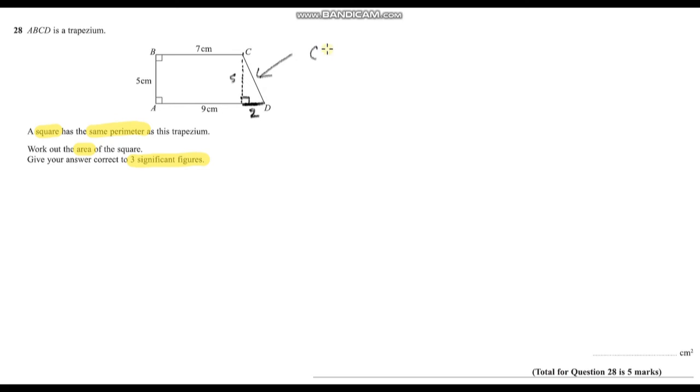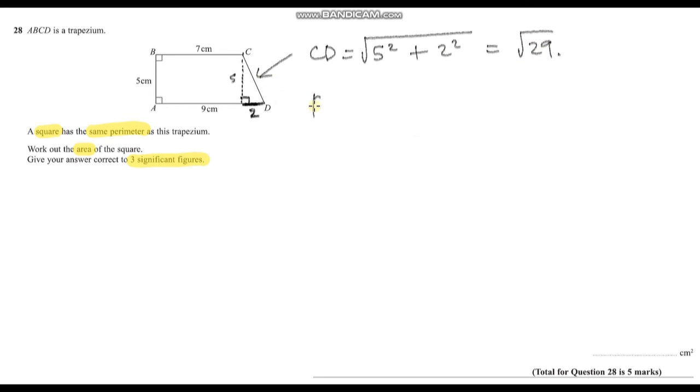So we can say that this length CD is going to be the square root of 5 squared plus 2 squared. So let's just pop that into the calculator. So the square root of 25 plus 4, well, that's the square root of 29. And again, I'm just going to leave it like this. I'm going to round when I get to the very end. So the length of CD is the square root of 29.